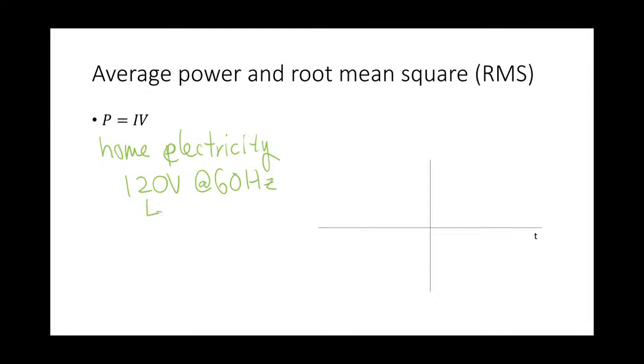So this 120 is actually quoting the V RMS. That's not the actual amplitude. 220 is in other parts of the world that are a little more sensible to me. Yeah, it's between 110 and 120, so it's like 117, I think it's the official number.